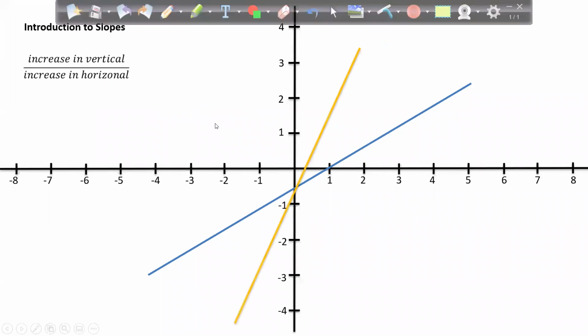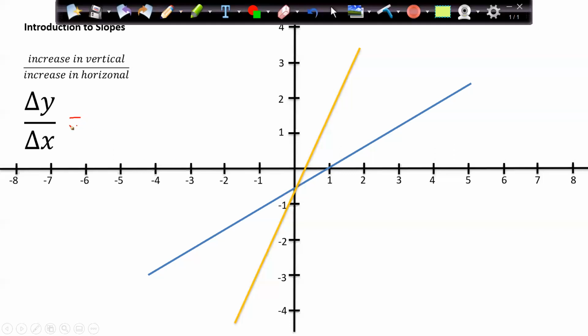Simple as that. Increase in vertical upon increase in horizontal, delta y by delta x. That is nothing but y2 minus y1 upon x2 minus x1. That is my slope of line. Increase in the vertical divided by increase in the horizontal.